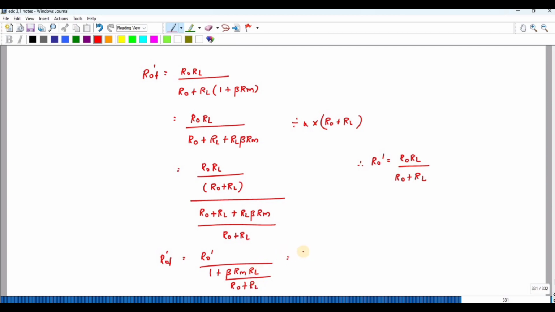Okay, so this I can write as R naught bar by 1 plus beta capital Rm, where capital Rm is nothing but Rm RL divided by R naught plus RL. So this is your final equation for R naught F bar.